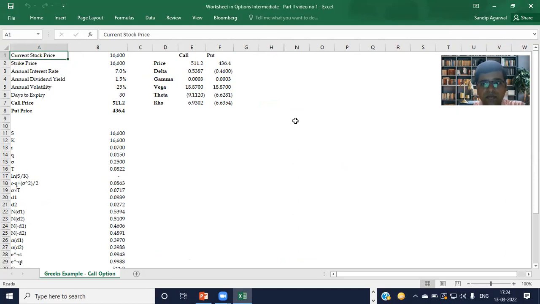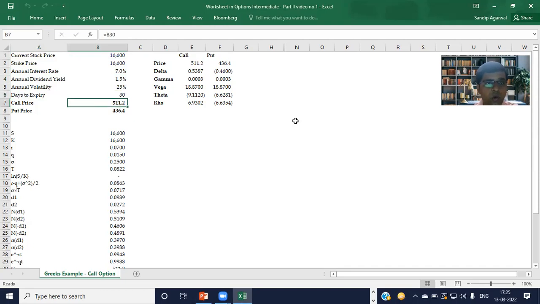I have taken an example assuming that the Nifty, which is the underlying instrument in our example, is currently trading at 16,600, and somebody has bought a 16,600 strike price call and put option simultaneously. So 16,600 is basically an ATM call and put option. I have assumed annual interest rate as 7%, annual dividend yield as 1.5%, annual volatility, which is Vega, as 25%, and days to expiry, which is basically theta, as 30 days.